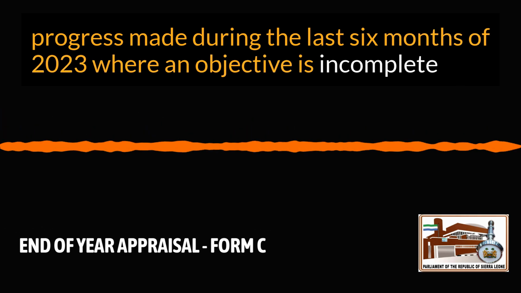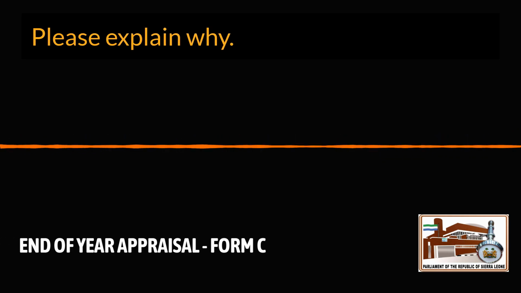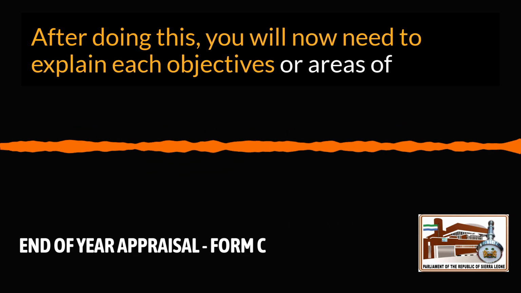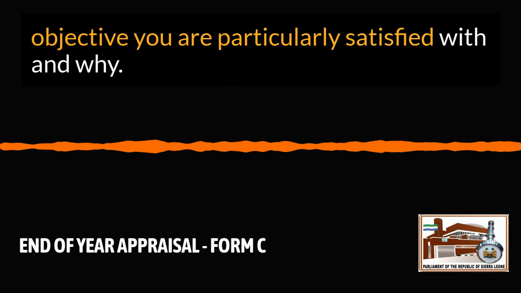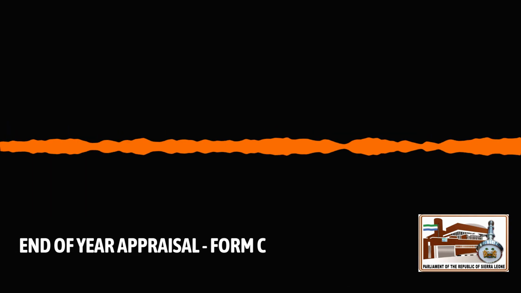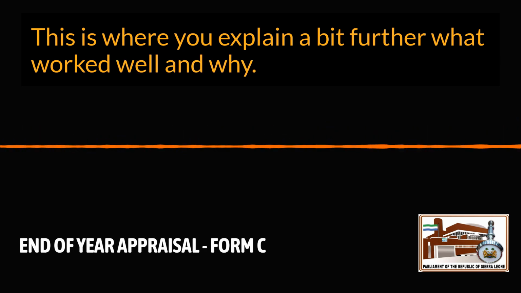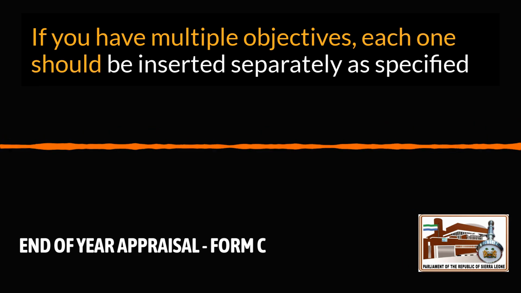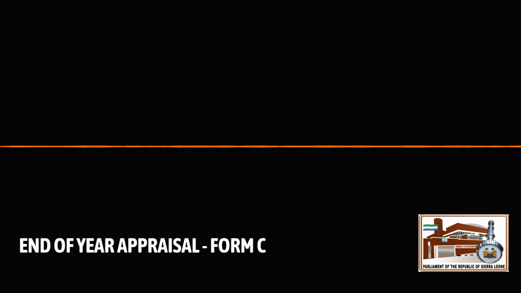Where an objective is incomplete or has been well done, please explain why. After doing this, you will now need to explain each objective or area of objective you are particularly satisfied with and why. In a separate text box below, this is where you explain a bit further what worked well and why. If you have multiple objectives, each one should be inserted separately as specified in the form.